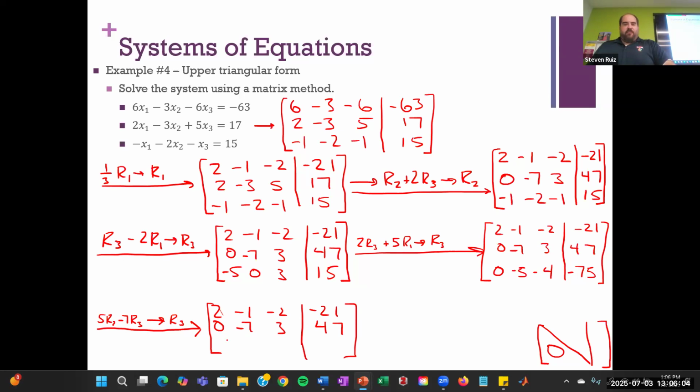All right, so no way this could have changed. This better have become a 0, otherwise I was wrong. But 5 times row 2 is -35. -7 times row 3 is +35, so I feel good about that. 5 times row 2 is 15. -7 times -4 is 28, so 43.